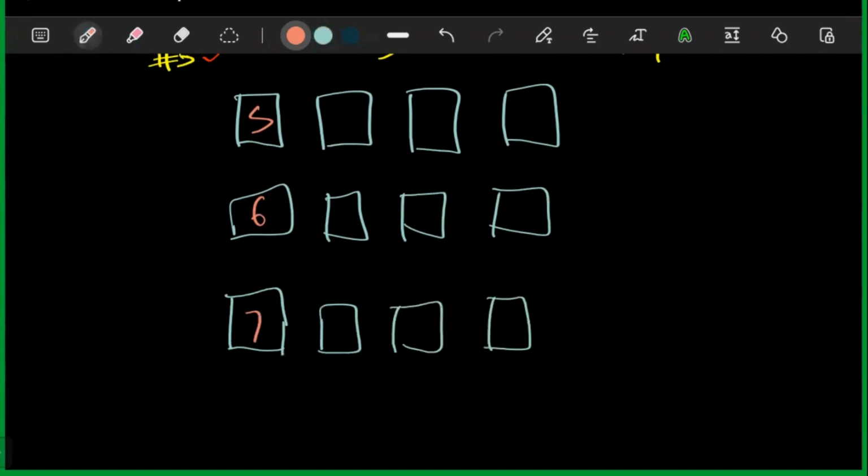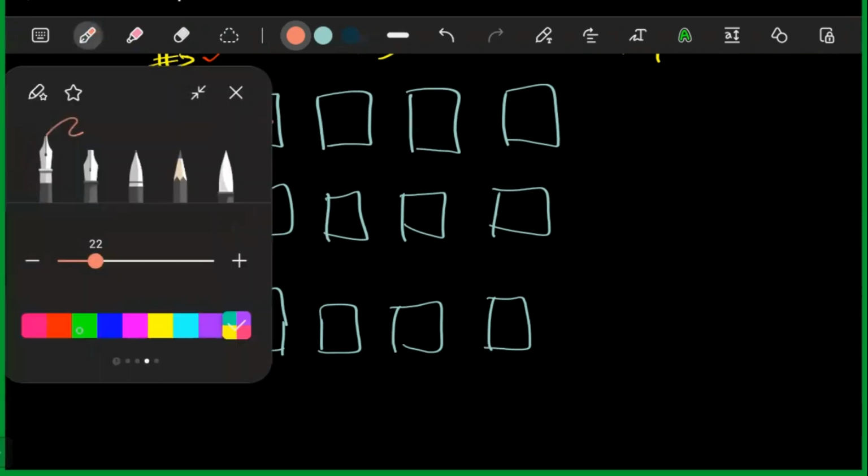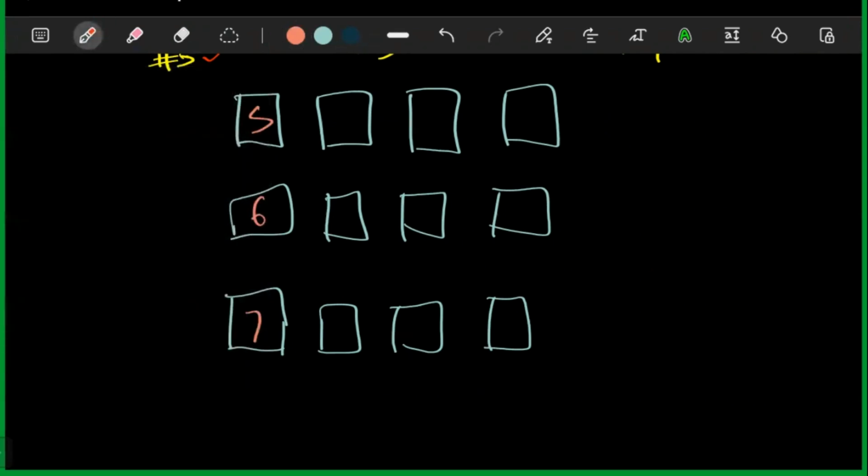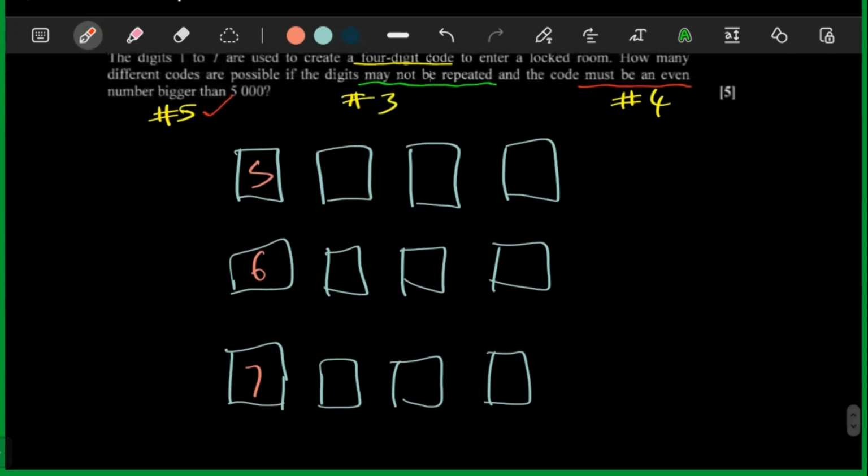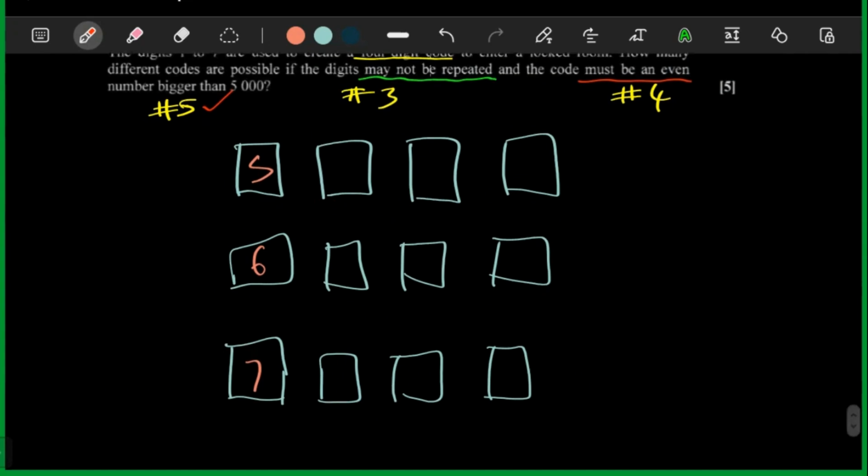Instead of looking at it as one picture, you can look at it as 3 pictures. Let me count how many options we have for numbers that start with a 5, then for those that start with a 6, and then for those that start with a 7. Do you see that? Yes.